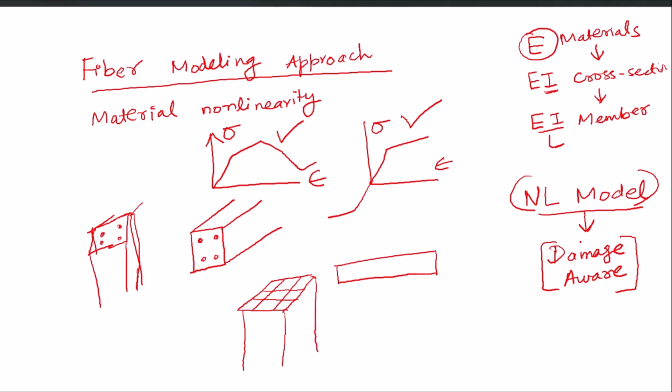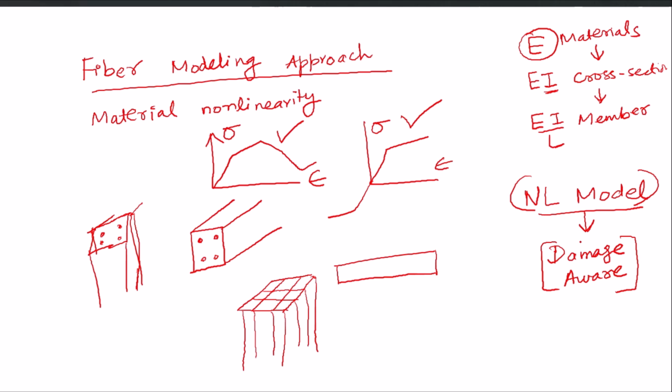I divide it into what we call the material fiber. And those fibers can run along the length of that column or a beam or shear wall, any cross section. They can run along the full length of the element or can run along a particular length, for example 10% at both ends or any other particular part of the length, or it can also run along the full length.